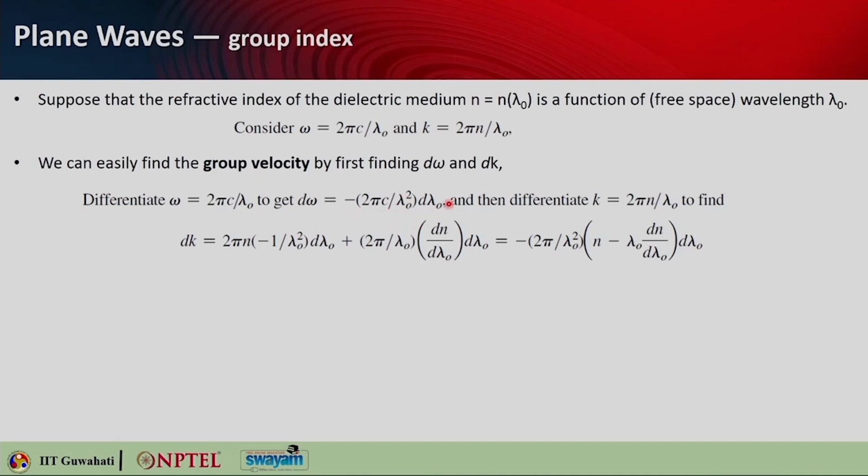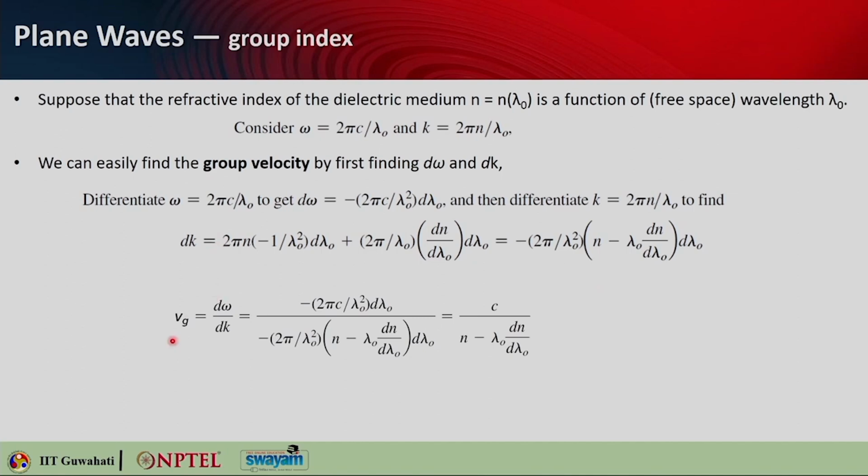Then you take k equals 2 pi n over lambda naught, and there also you can do the differentiation. Here n is also a function of lambda naught, so you have to do it in two parts, and finally you can add up together. I am not reading out these terms, you can simply see this is a very simple calculation.